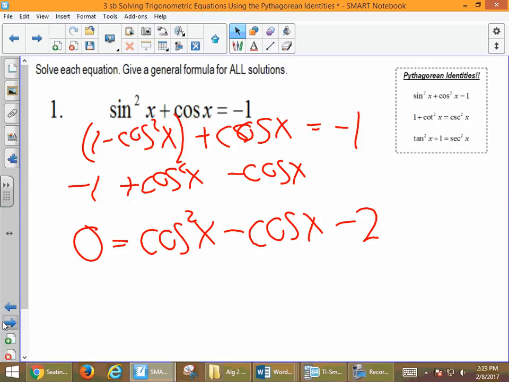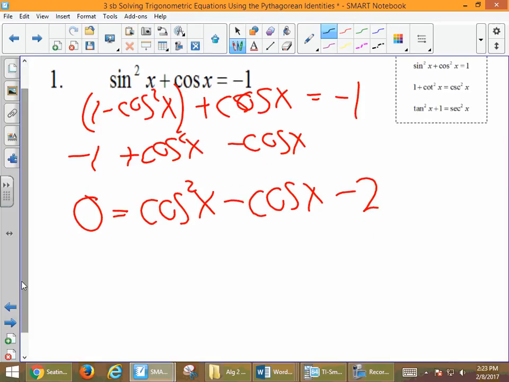Now what should be our next step to solve this? We want to try a U substitution. So we're going to let u be cosine, because our middle term, the single one, is cosine. So that looks like a good one to make u.